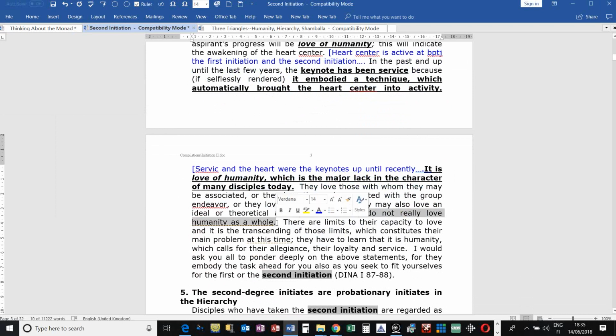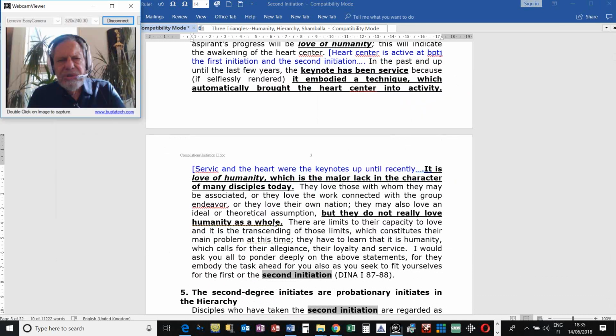Now, one could really stop right there and say, okay, what about that? Just pause for a moment of reflection and ask yourself, do I love humanity as a whole? And if not, what is preventing it? How far am I from this stage of love?